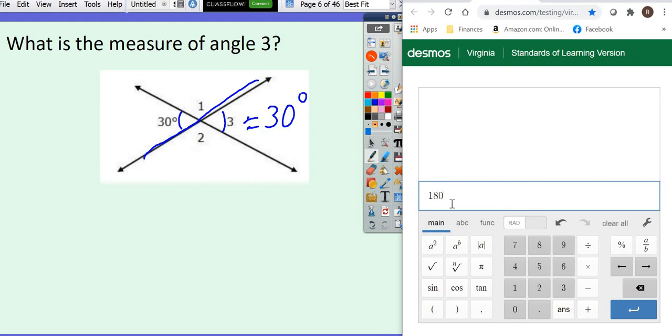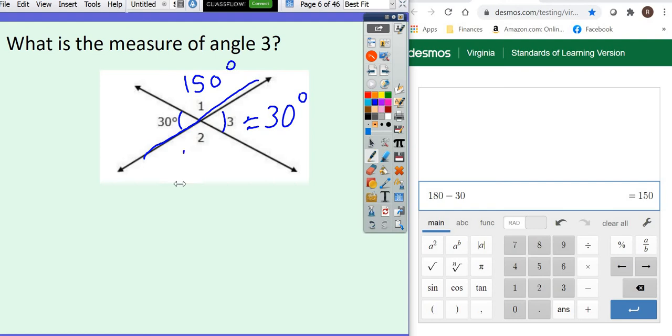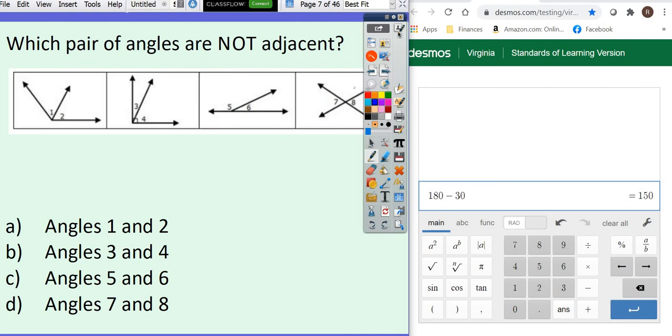So I would take 180 and I would subtract 30 degrees, and then I would know that angle 1 is 150 degrees. And if you look closely, angle 1 and angle 2 are also vertical, so they are the same. Okay? Excellent.